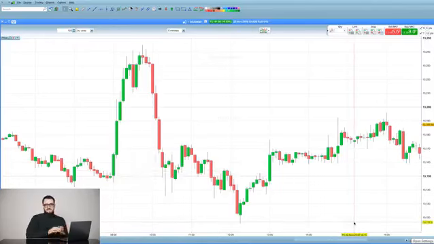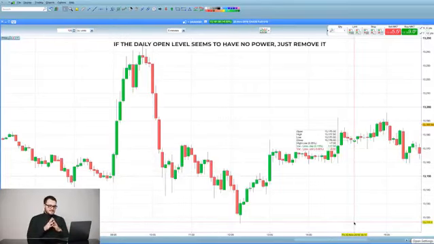This is not very interesting, but you must keep an eye on these levels, because these opening levels are quite often used by traders to do one thing or another, and there might be an effect. But if there is no effect, then just delete it, forget about it, and don't worry about it.